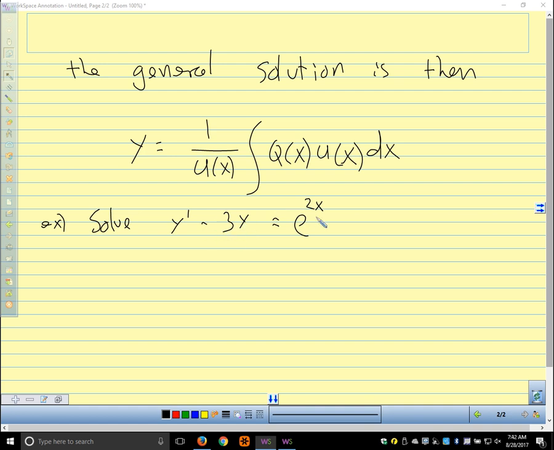We have continuous functions of x here. So I have p of x, this coefficient on the y term on the function is -3, and q of x is e to the 2x. So we need to find our integrating factor.